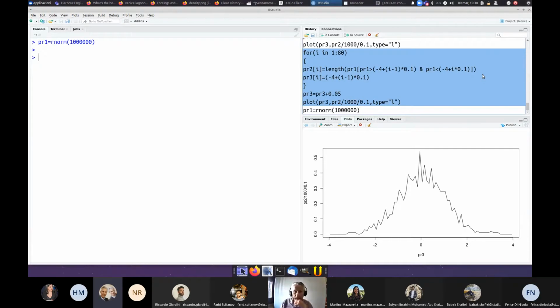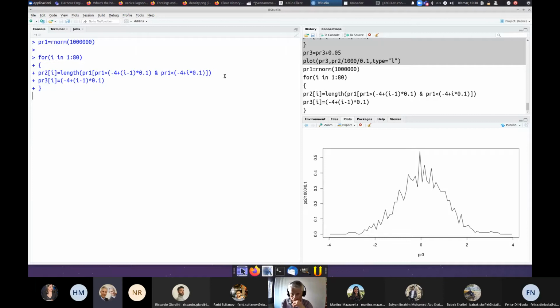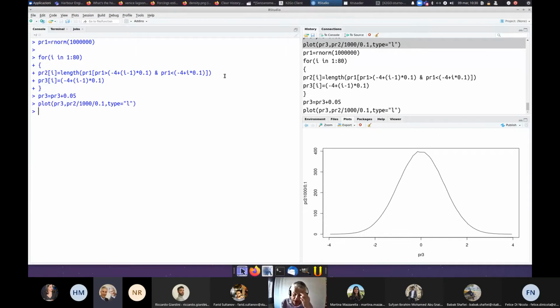Okay, so I repeat the counting, etc. And I go to console. Now you see that the graph is much smoother. Any question? No problems? This is great.